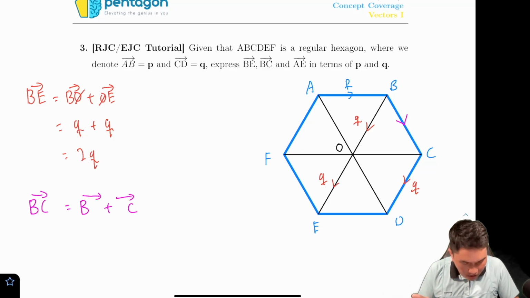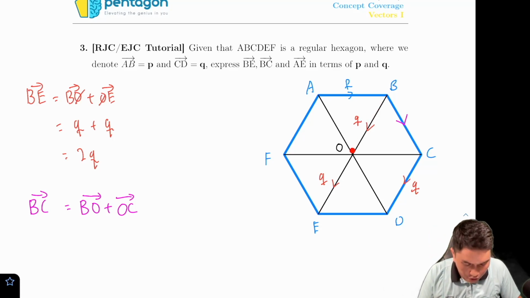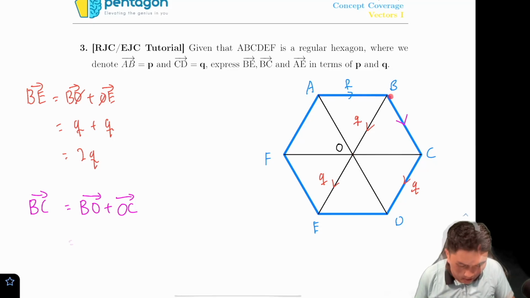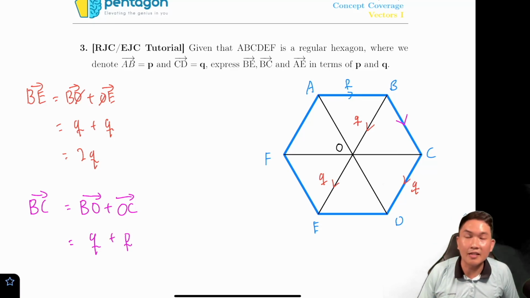Well, you can choose anywhere you want, but I think we want to make use of results that we already know. I could choose BO to OC. So let's write that down, BO plus OC. So BO I know is Q. What is OC? So remember that OC, again, is the same length and direction as AB. BO is actually Q plus OC, that's P. So that's Q plus P, and that's the answer for BC.